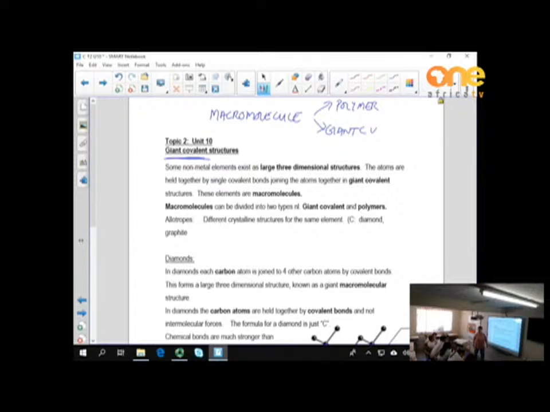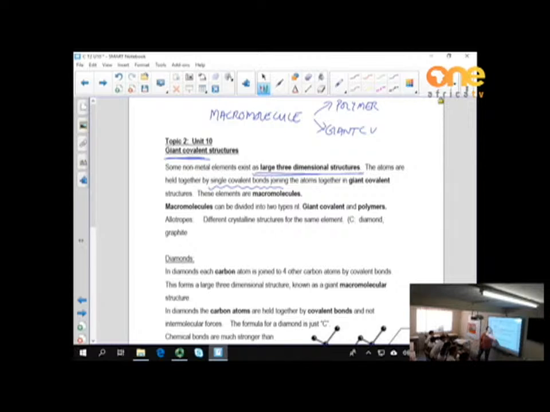covalent structures. So giant structures, very large molecules, thousands of atoms bonded covalently in 3 dimensions. All of them large 3-dimensional structures. The atoms are held together by covalent bonds. So if you want to break them apart, you must break the bond. It will require a lot of energy.